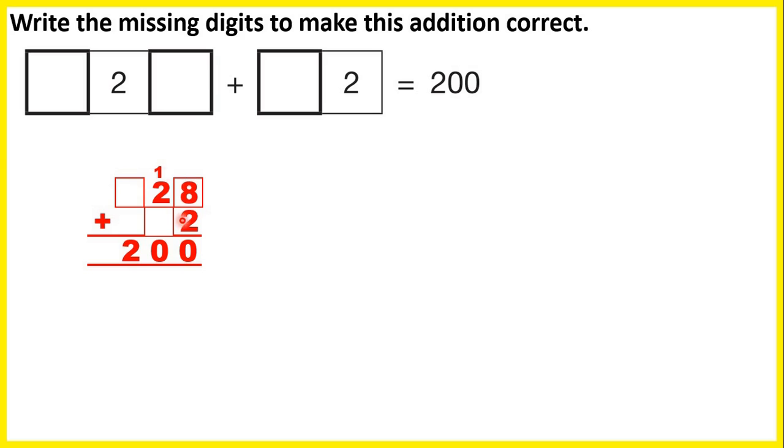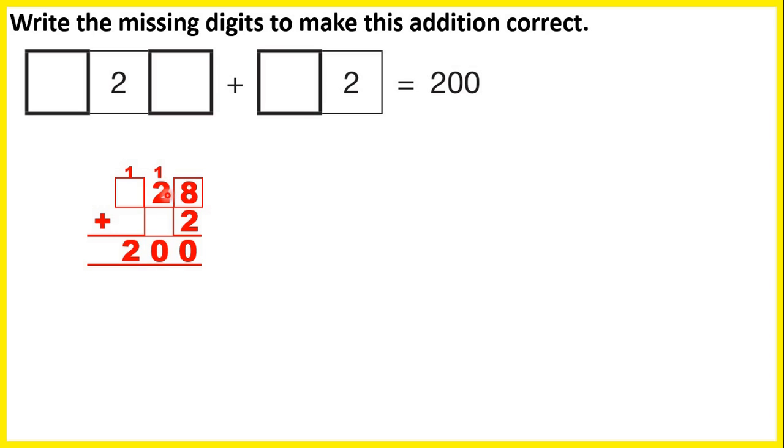And 8 plus 2 is 10, because 10 minus 2 is 8. So this digit here must be 8. Then onto our tens, we have 1 plus 2 plus something, and we have another 0. So again, they haven't added to make 0, they must have added to make 10.